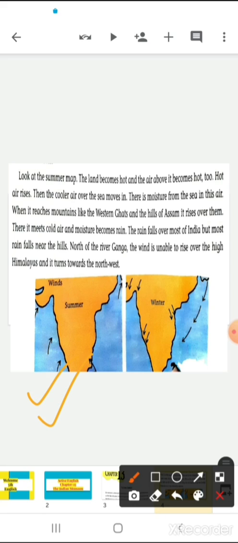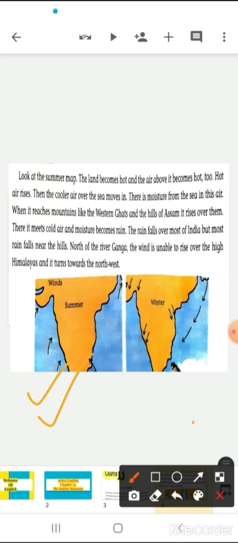This portion you have to see. The land becomes hot and the air above it becomes hot. Hot air rises. Then the cooler air over the sea moves in. There is moisture from the sea in the air.